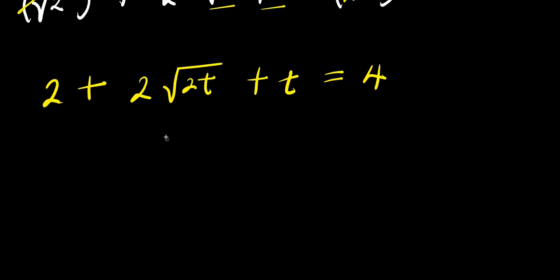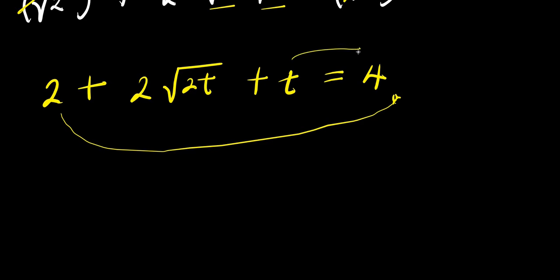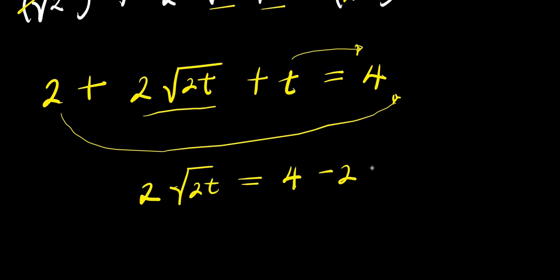So what do we do? At this point, I can move this 2 over here and move this t over here. So I'm going to be left with 2 times square root of 2t equals 4 minus 2 minus t.